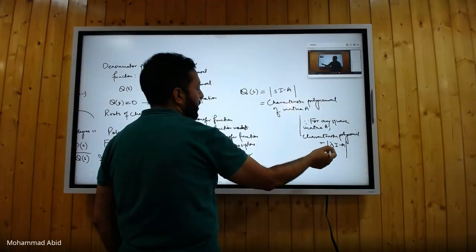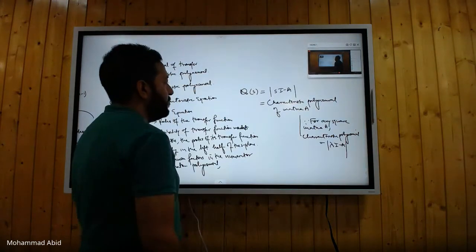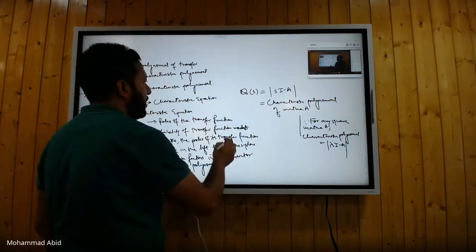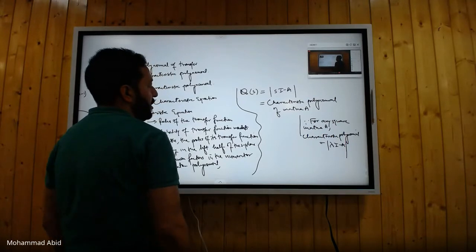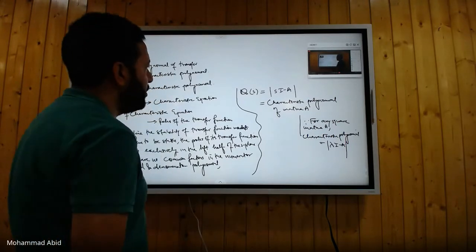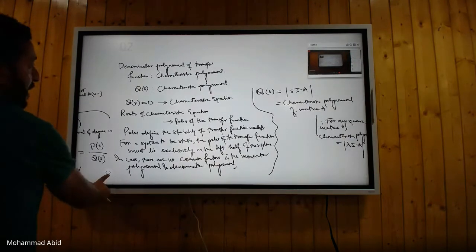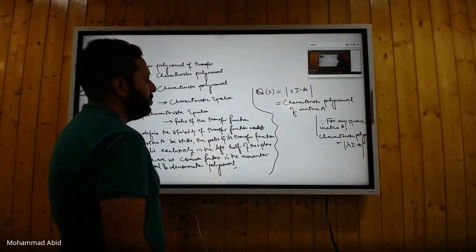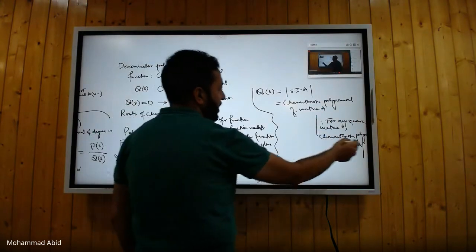This is the same, with the only difference that instead of lambda we are representing it as s. So in case you have no cancellations in the numerator polynomial and the denominator polynomial, you will have Q(s), which is determinant of sI minus A, the same as the characteristic polynomial of matrix A.